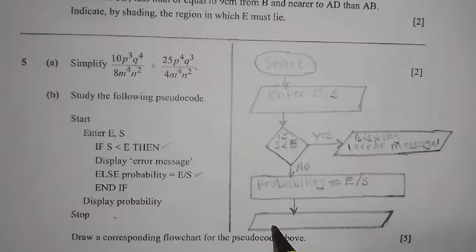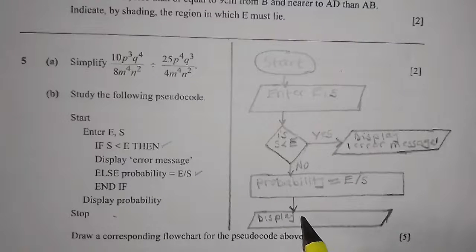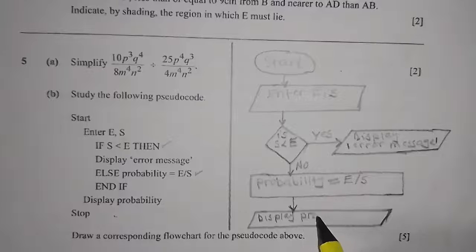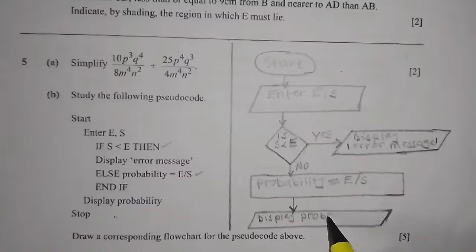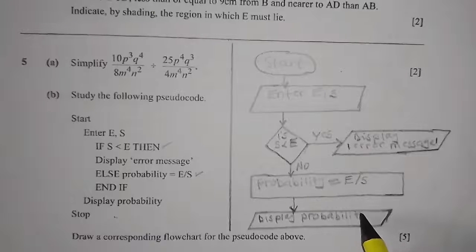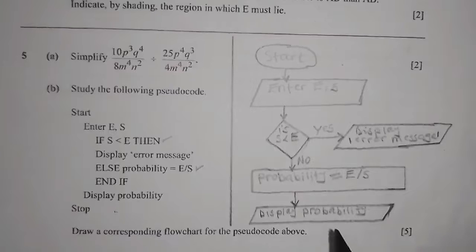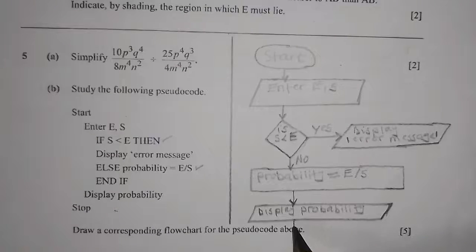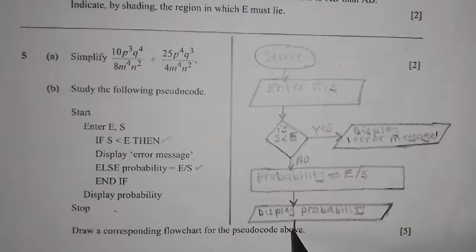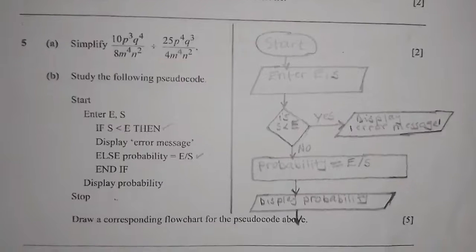So in this trapezium, you just say display probability.